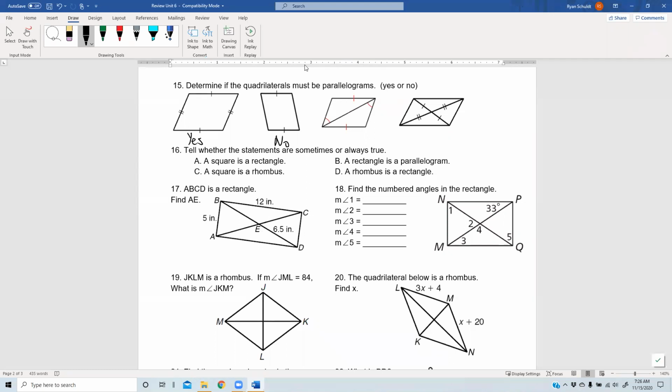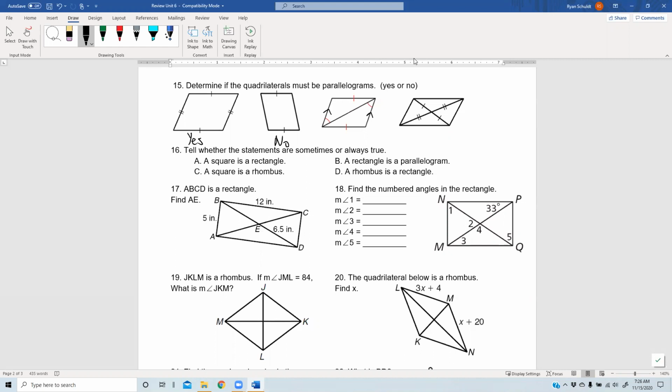The next one, they have one pair of congruent sides. That's good. And they tell me these angles are congruent. Well, if these two angles are congruent, then that means those two sides are parallel. But does that give me enough information still?